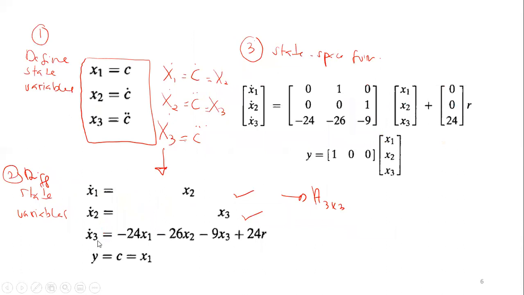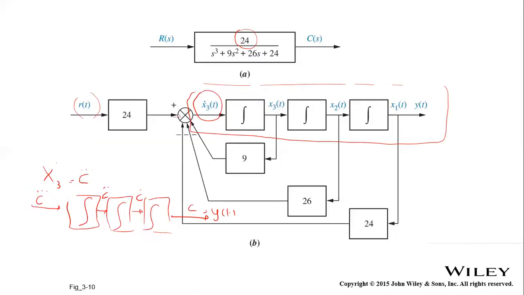We look at x3 triple dot equals to minus 24 x1 minus 26 x2 minus 9 x3 plus 24R. So the signal from x3 is multiplied by 9, and it is connected to the summing point, and there is a minus here.